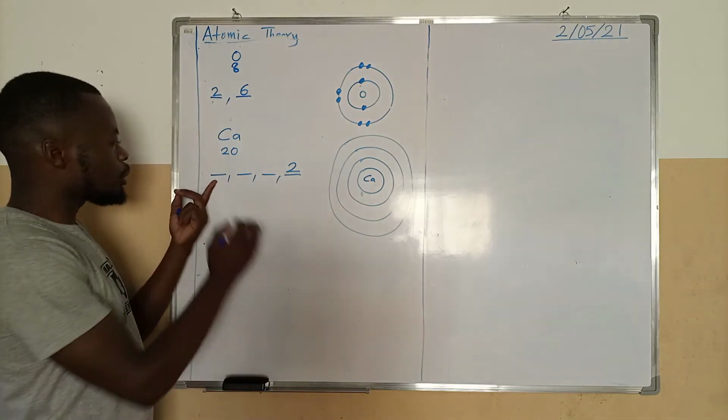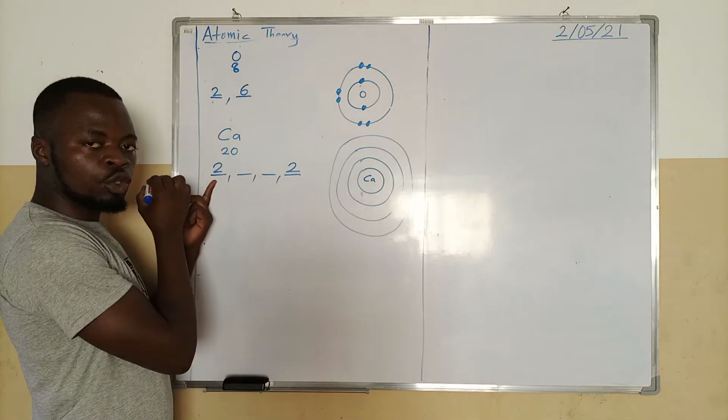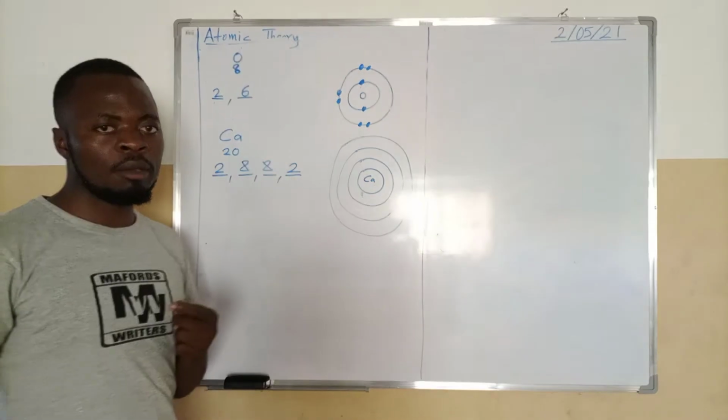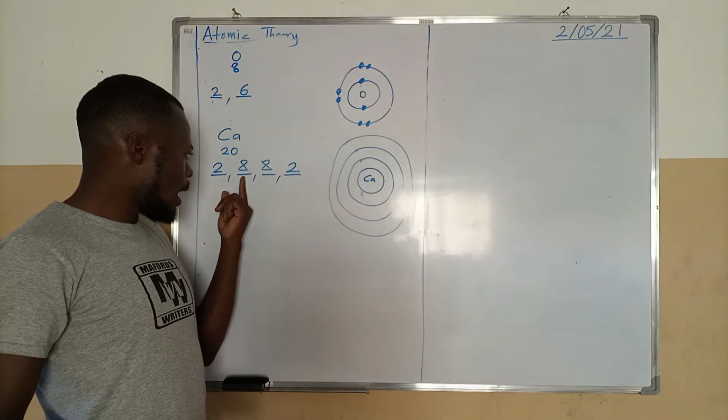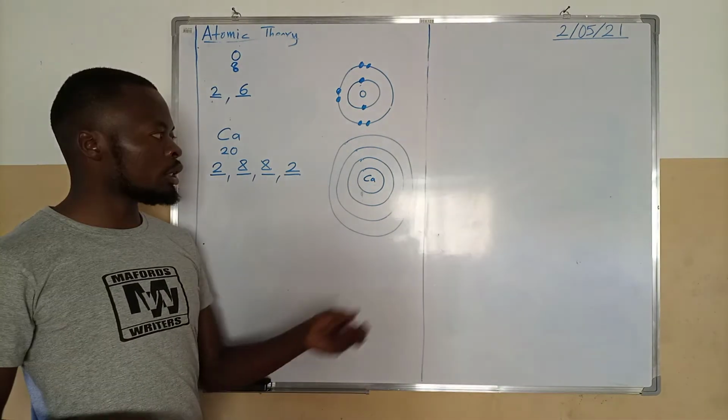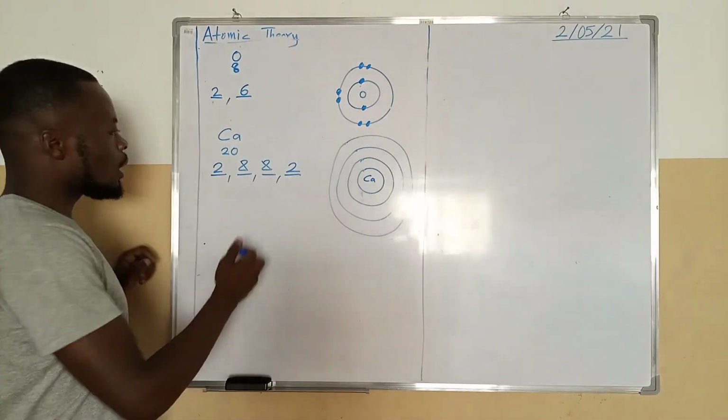Now for the first shell to be filled, maximum 2. The second shell and the third shell have a maximum of 8, as we alluded to earlier. So we can now draw the structure.